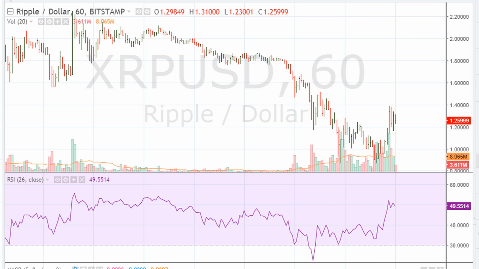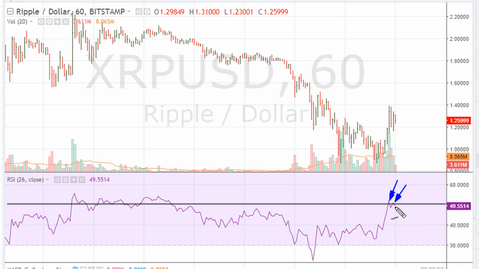And here's a perfect example. Right now, we're potentially forming a double top rejection at the RSI 50 level. So this is the RSI 50 level. You can see the market choosing to come and test this level twice. Right now, we are forming a double top.